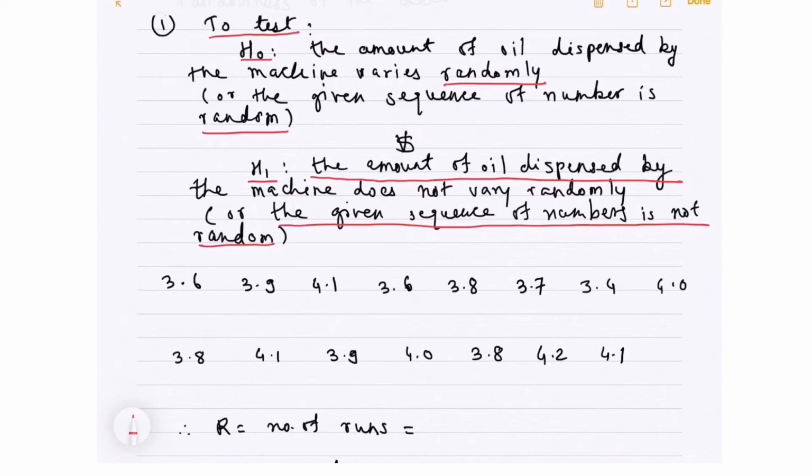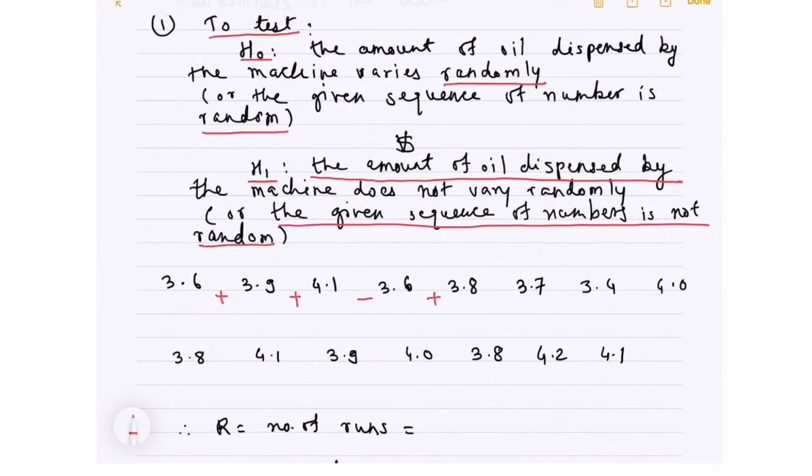For example, 3.6 and 3.9. 3.9 is greater than 3.6, hence we give plus sign. Next number is 4.1. 4.1 is greater than 3.9, so we give plus sign. Next number is 3.6. It is less than 4.1, so we give minus sign. Next number to 3.6 is 3.8, which is greater, so plus sign.